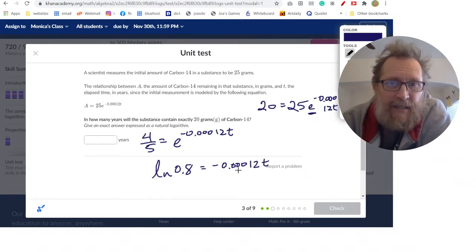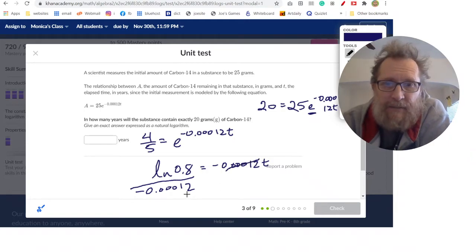And so then I just need to divide both sides by that. And then I can just cross that part out. And that just equals t.